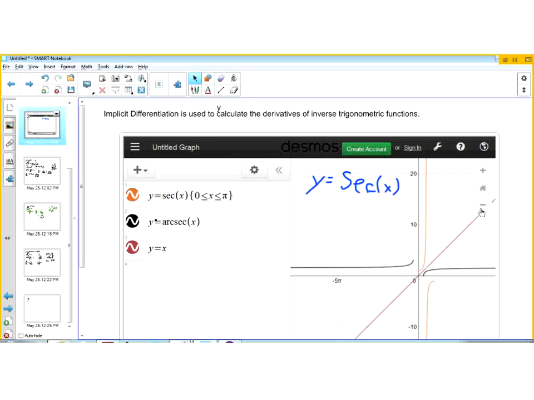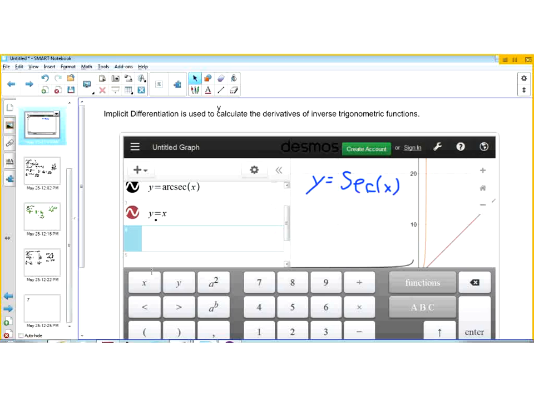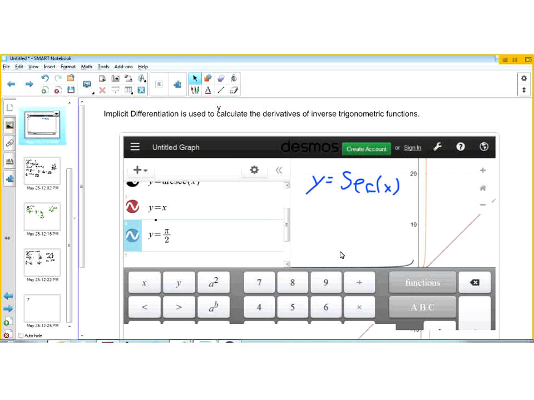It is 1-to-1. It has a horizontal asymptote at what? At y equals pi halves. Okay, so let's plot that. A horizontal asymptote at y equals pi halves, shown in blue.